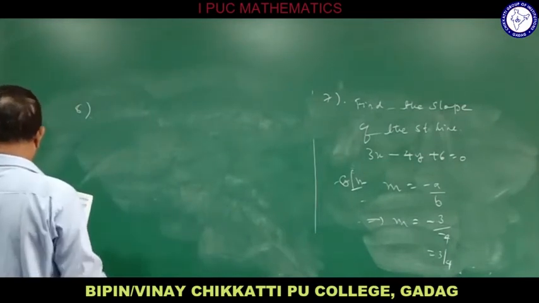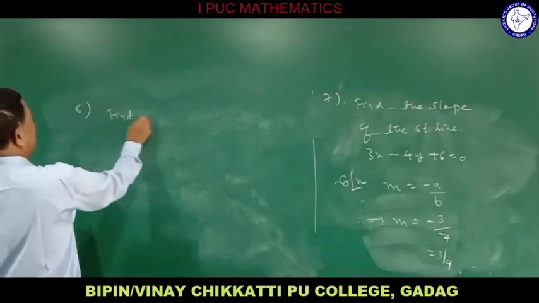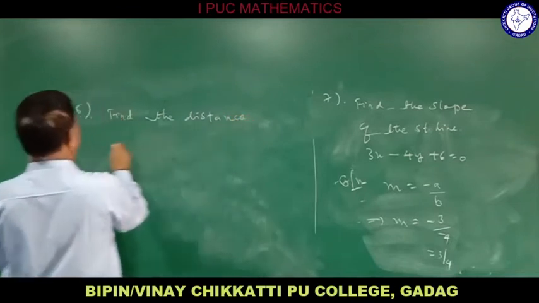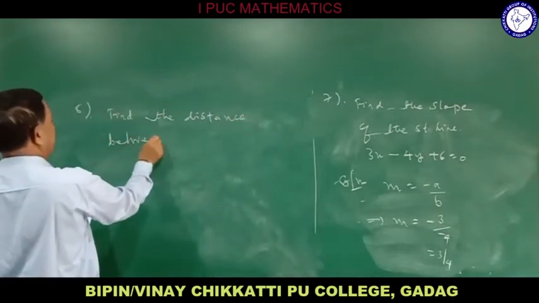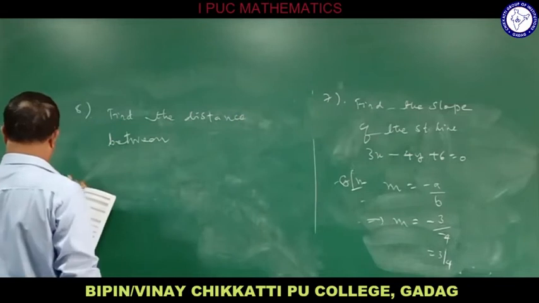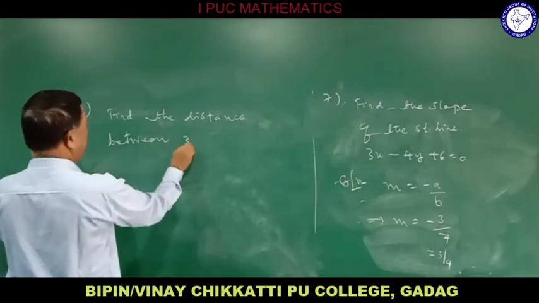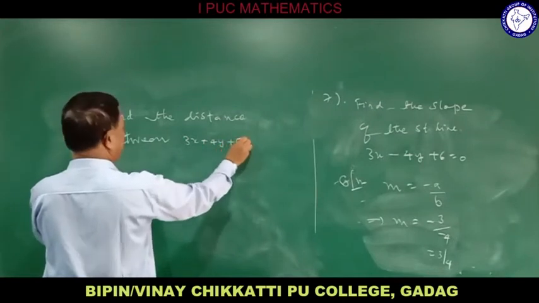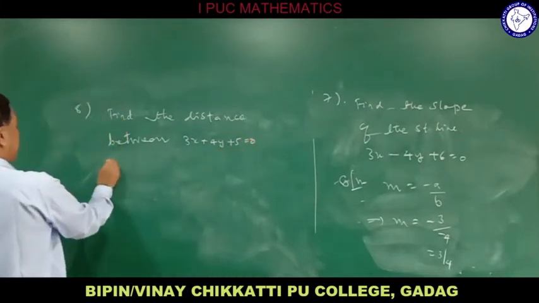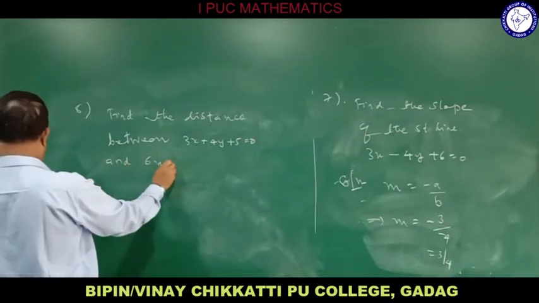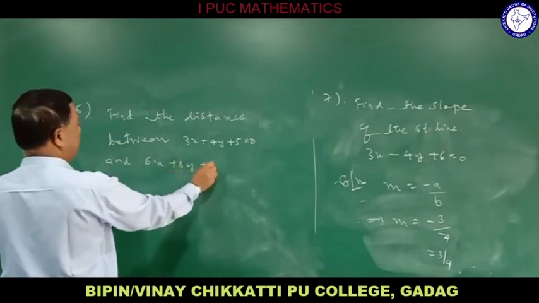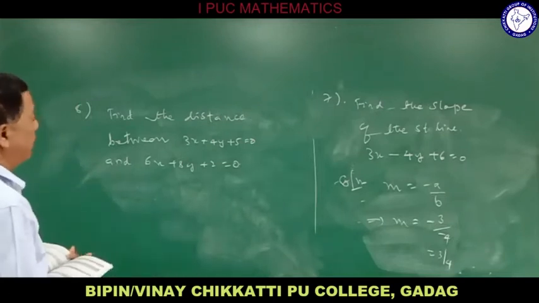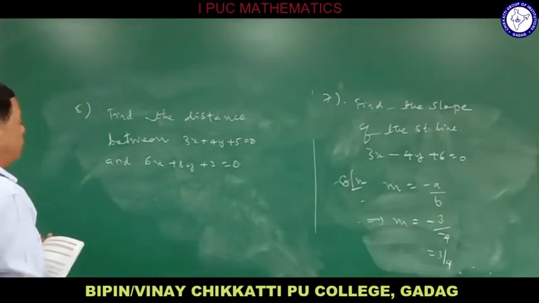Find the distance between, this is something different, find the distance between 3x plus 4y plus 5 is equal to 0 and 6x plus 8y plus 2 is equal to 0. Try to understand what the distance between the two straight lines is.